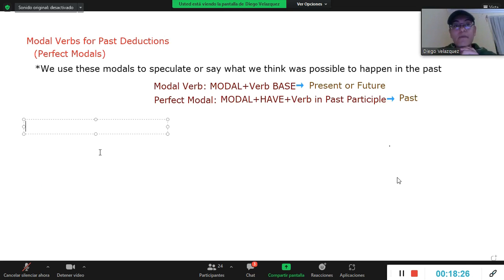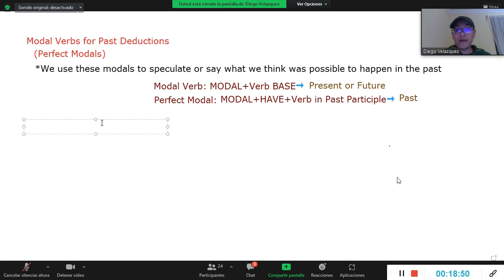In this case, my friends, all of the modals that you are going to check have exactly the same grammar structure, okay? But no, it's not possible to use all the modal verbs with this structure. Only the modal verbs that refer to possibilities, okay?